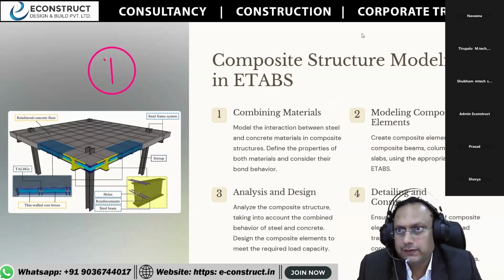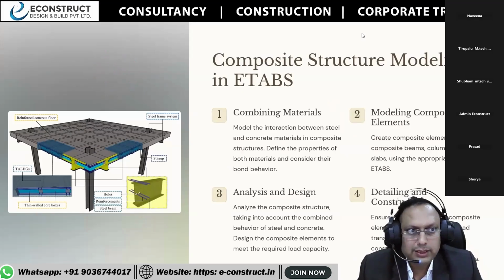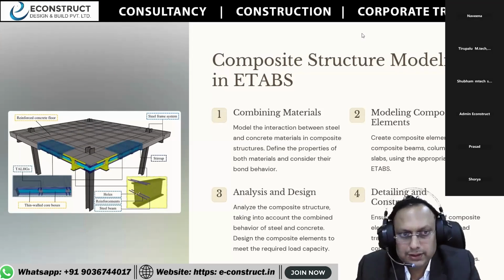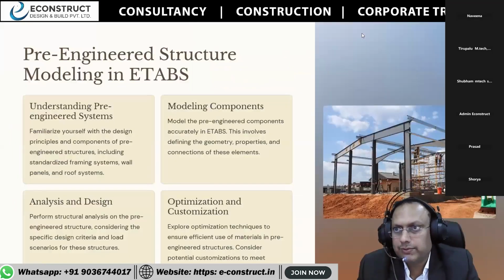So this is one type of composite. There are 3 to 4 different types of composition that you can develop like this also. Combined material, modeling types, analysis types, ductile detailing, many other types of designing and detailing options are possible.